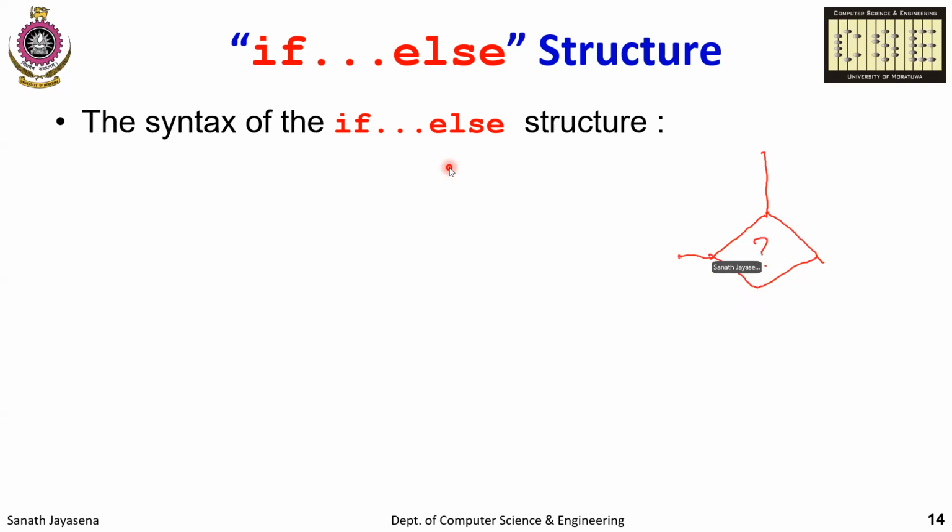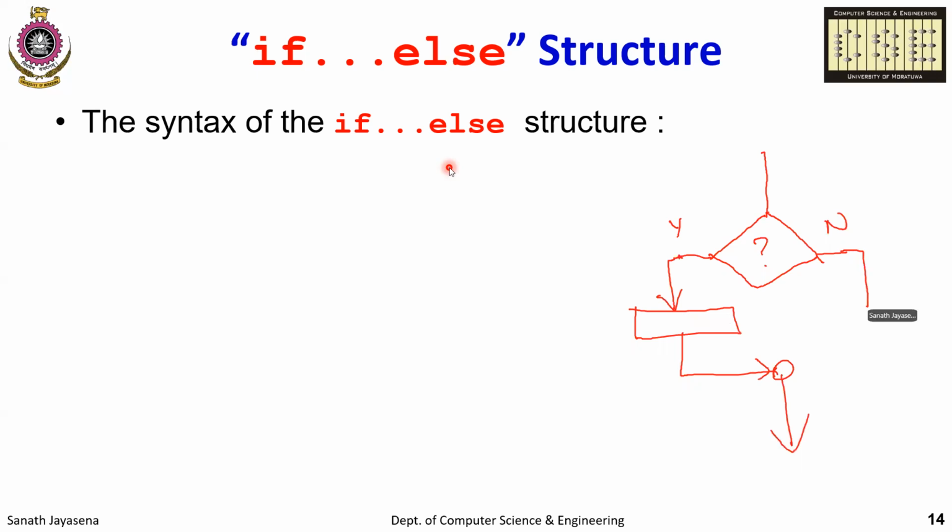If the answer is yes, we did something and come here, and if the answer is no, we did another thing, and then after that come here and proceed. So we had block A and B. The condition is, if the answer is yes, we do A. If the answer is no, we do B.